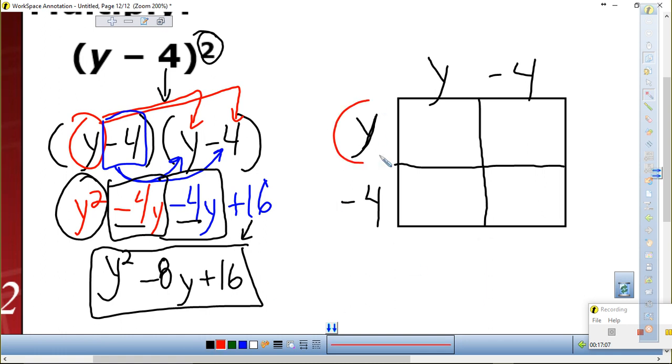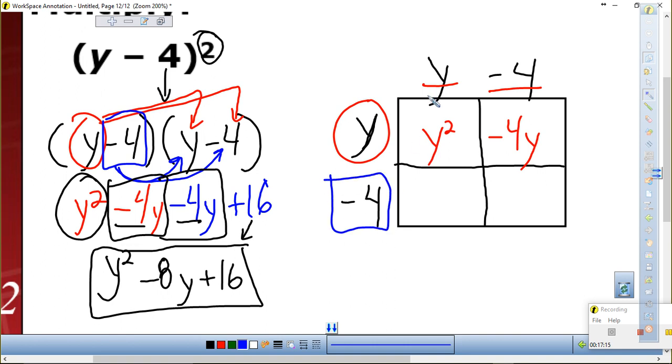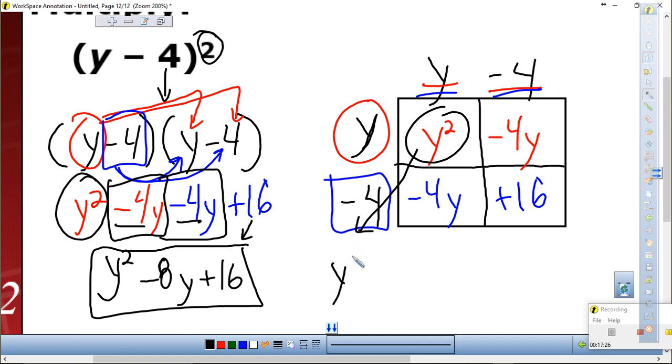So y times y, y squared, y times negative 4, negative 4y. All right? Negative 4 times y, that's negative 4y. Negative 4 times negative 4, positive 16. And let's see. Bring this one down. That's y squared. Draw my peanut.